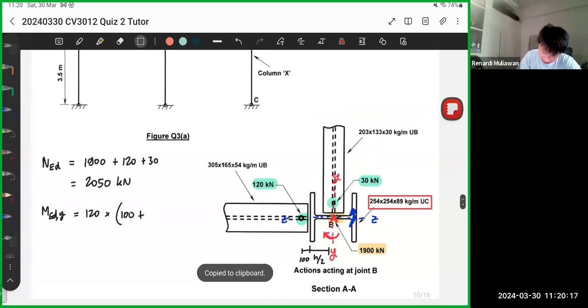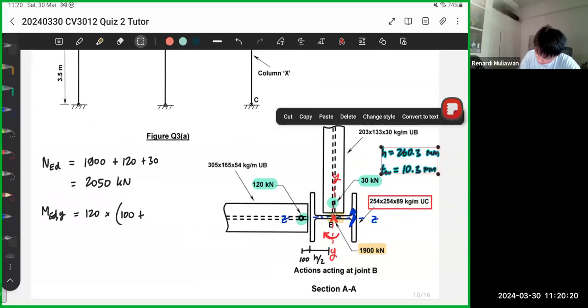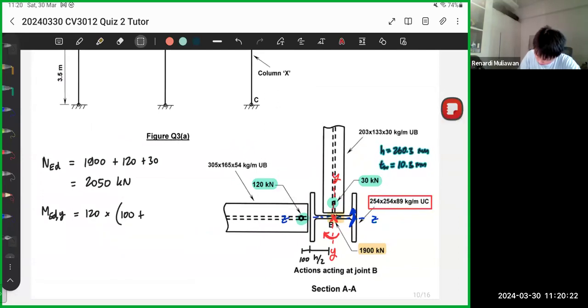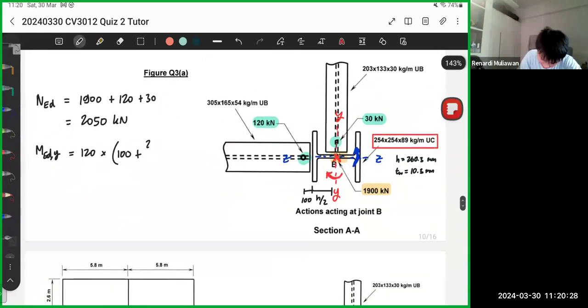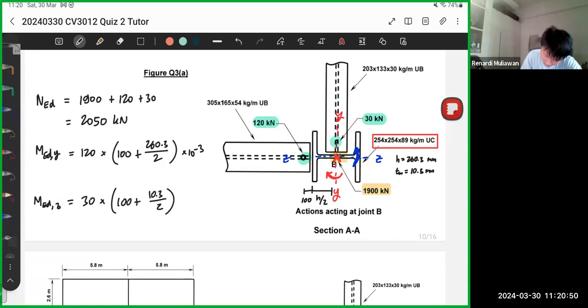Okay, let's go back. So this one is 260.3 divided by 2 times 10 to the negative 3. Then MEDZ is this value, 30 times 10.3 plus, sorry, 100 plus 10.3 divided by 2 times 10 to the negative 3.